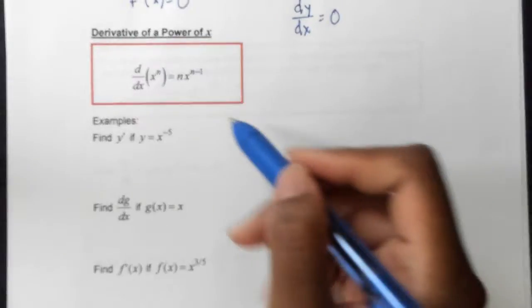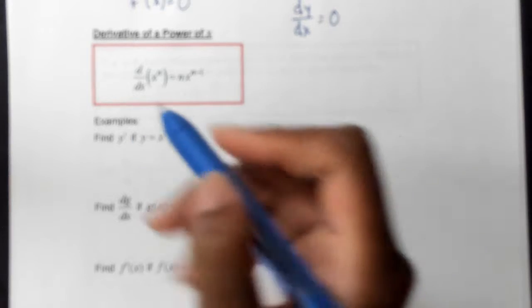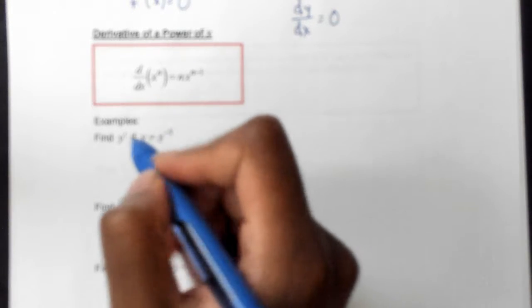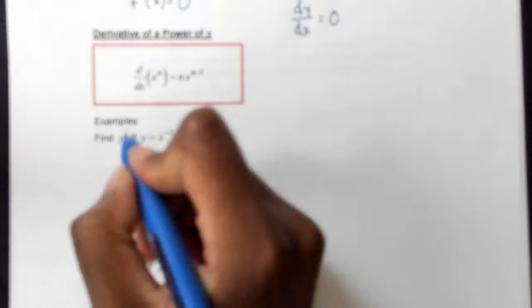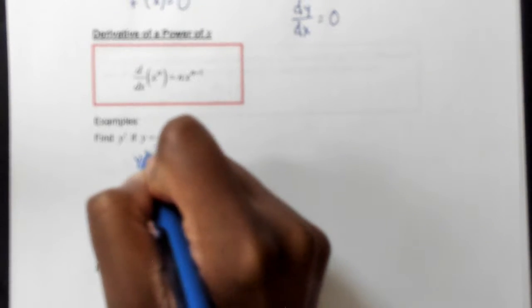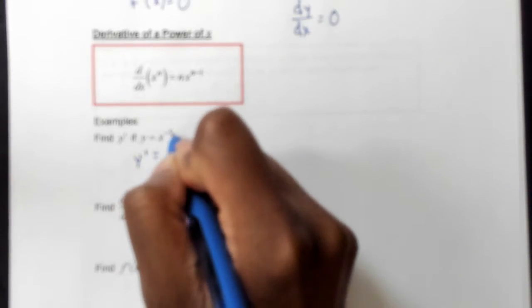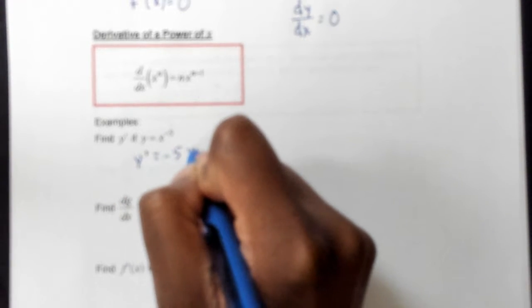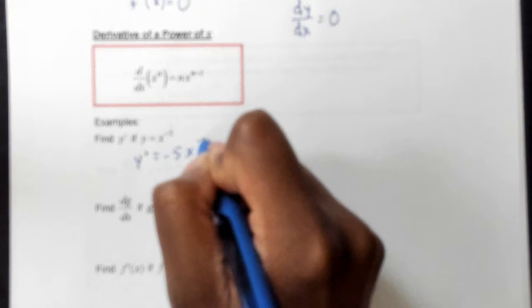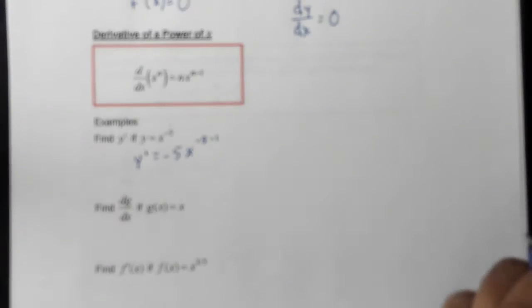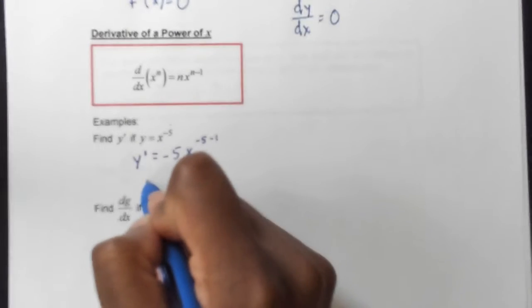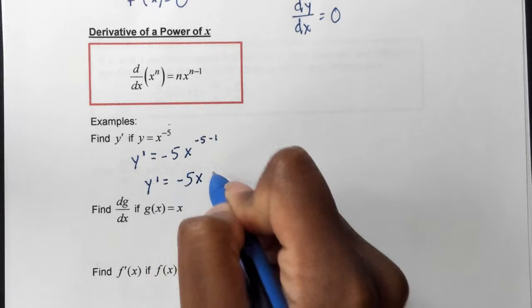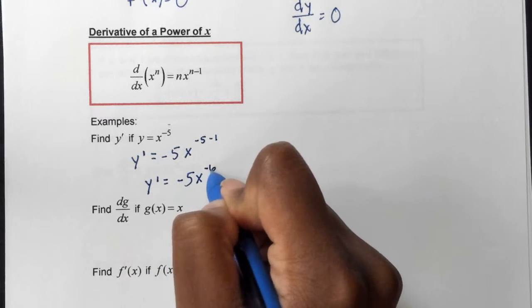So for example, if I want y prime and y is equal to x to the negative 5, then y prime would be equal to, I'm going to take the negative 5 and bring it down, so negative 5x, and then I'm going to subtract 1 from the exponent. So I'll have y prime is equal to negative 5x to the negative 6th power.